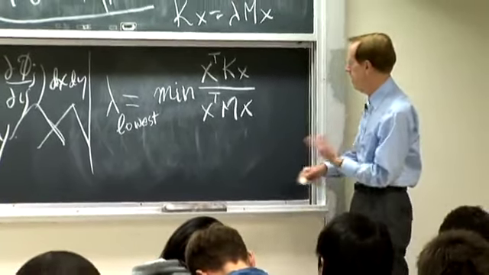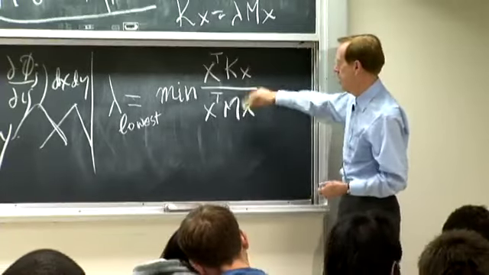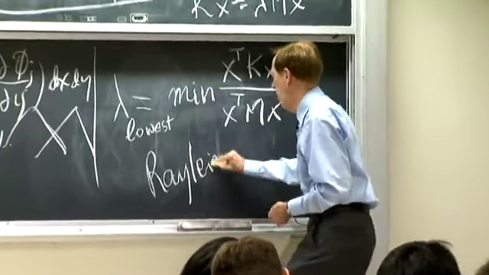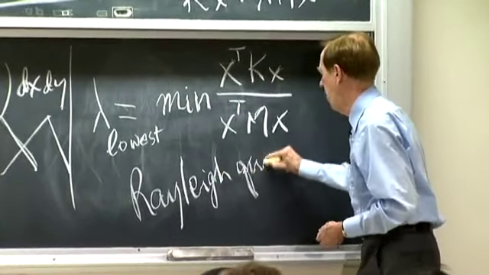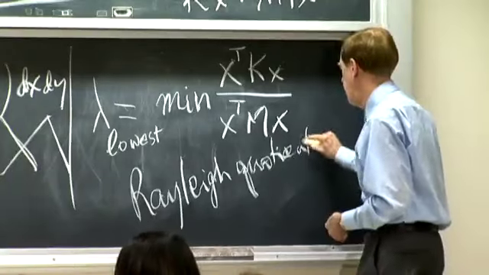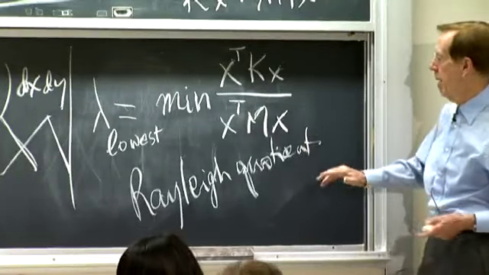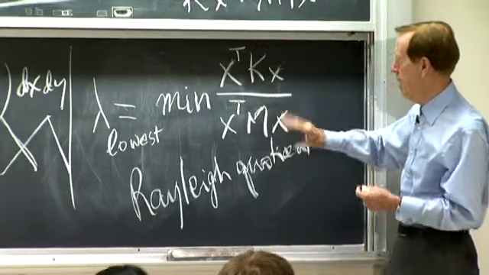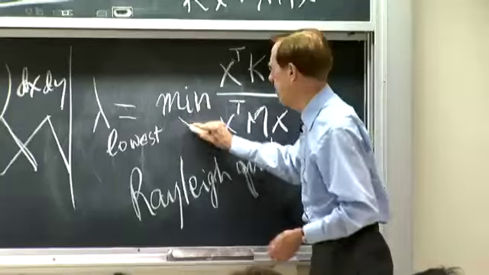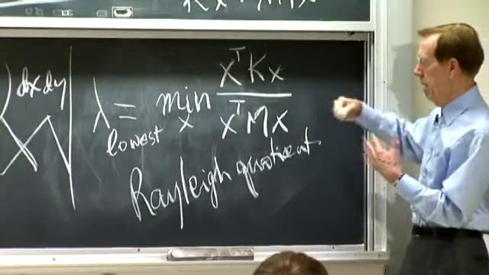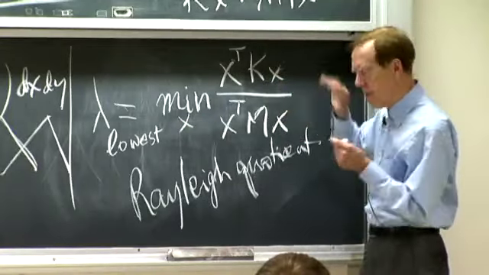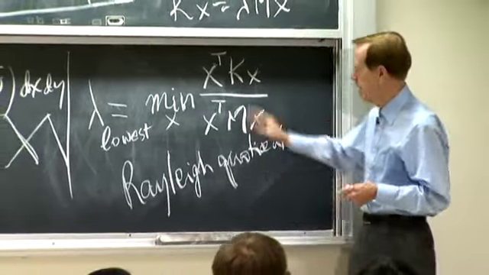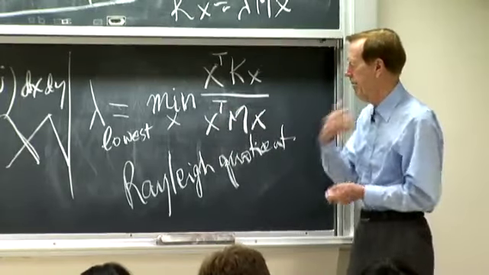This is a quotient here. It's got a name, the Rayleigh quotient, and it appears in the book. So really, I'm calling your attention to something that's in the book. This ratio of x transpose Kx to x transpose Mx, if I look over all vectors x, the lowest one is the eigenvector. The best x is the eigenvector, and the ratio is the eigenvalue.